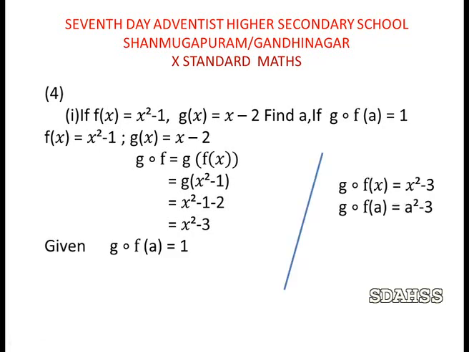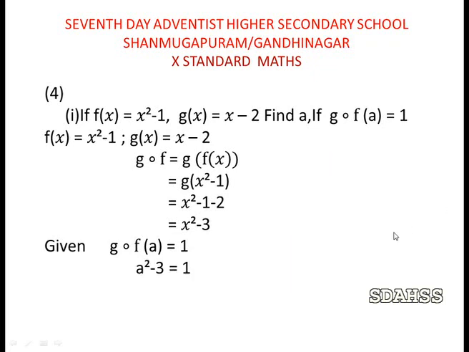Now g dot f of x is equal to x square minus 3. Now substitute x is equal to a. So you have g dot f of a is equal to a square minus 3. But the condition is g dot f of a is equal to 1. Now you have to substitute g dot f of a is equal to a square minus 3.